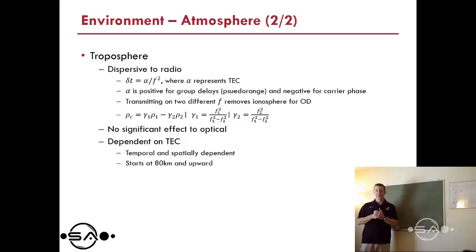So that'll mean that if we take the delta t, where essentially alpha is the total electron content and f is the frequency being transmitted, then that delta t is going to give us some dispersion, or at least the idea of the delay that we're going to see from the ionosphere.